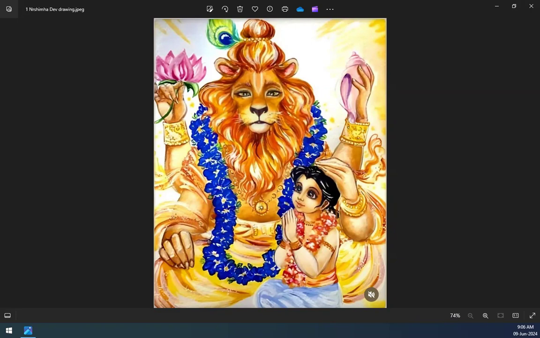Whichever form the devotee desires to worship the Lord in, the Lord appears in that particular form to give pleasure to his devotee. Example: to give pleasure to Hanuman, the Lord appeared as Lord Ram.